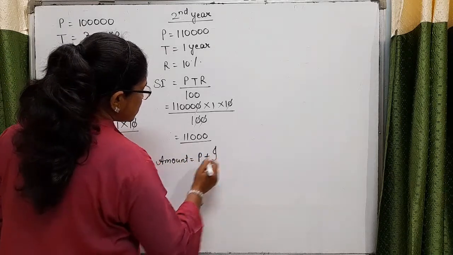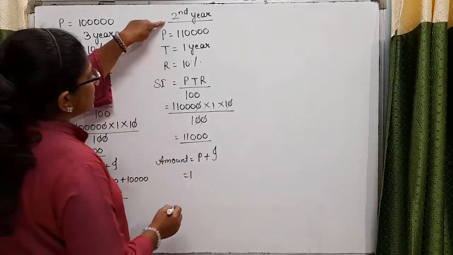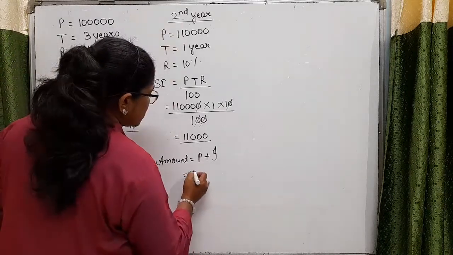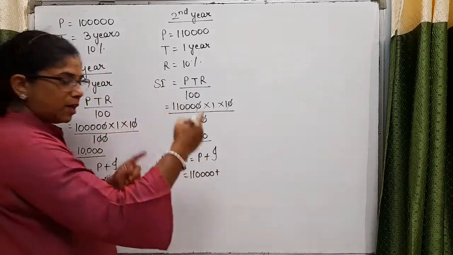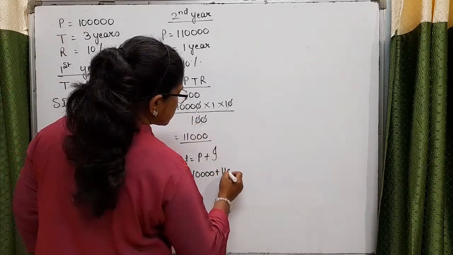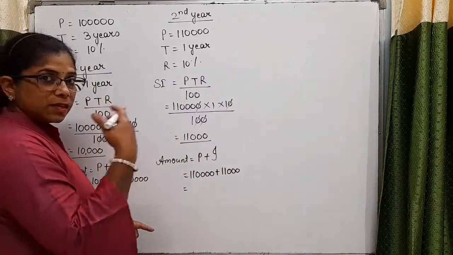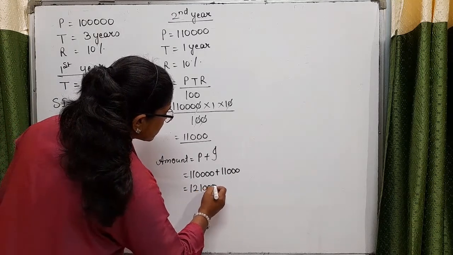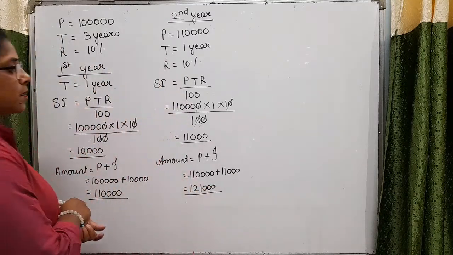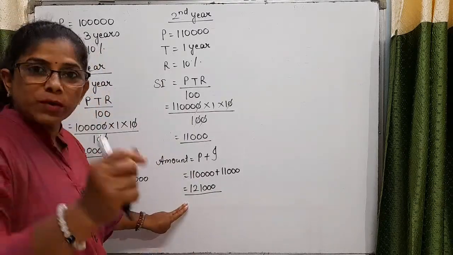P plus I is equal to our principal amount for the second year, which was 1,10,000, plus interest 11,000. So 1,10,000 plus 11,000 is 1,21,000. 1,21,000 is the amount after 2 years.